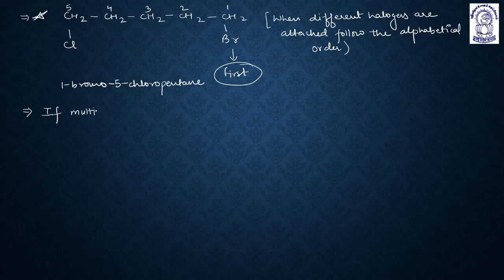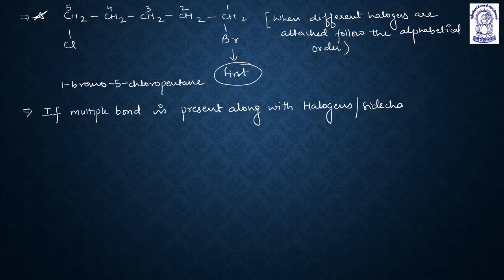If a multiple bond is present along with halogens or side chains, for example an alkyl group, then the priority is always given to the multiple bond.